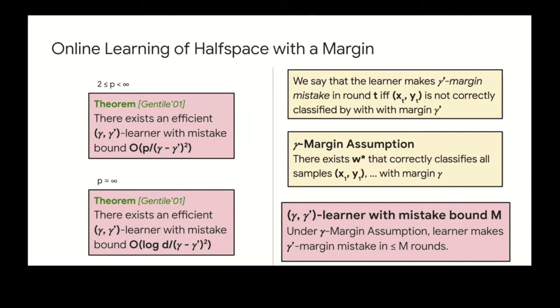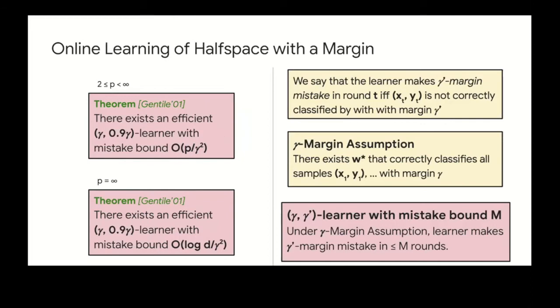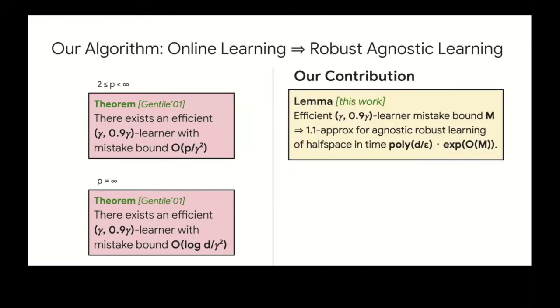Now I can state what we actually prove, which is a pretty simple lemma, as you will see in a moment. What we prove is that you can take an online learning algorithm and convert it into a robust agnostic learning algorithm for half spaces.